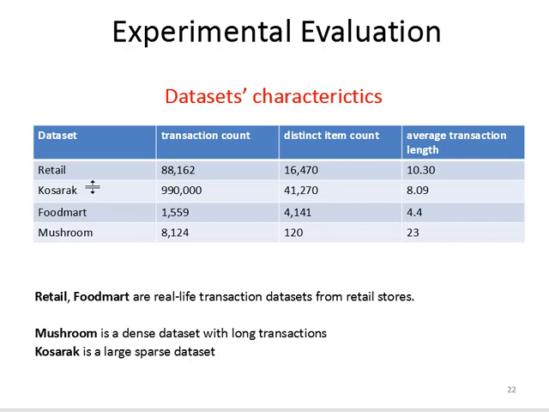So we use 4 benchmark databases. FoodMart is a real database for shopping and retail. And Mushroom and Kosarak are other types of data, not about shopping, but they are benchmark databases. We want to use different types of data, so we use these databases.